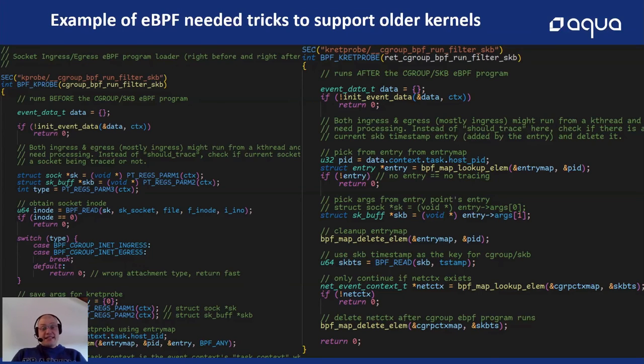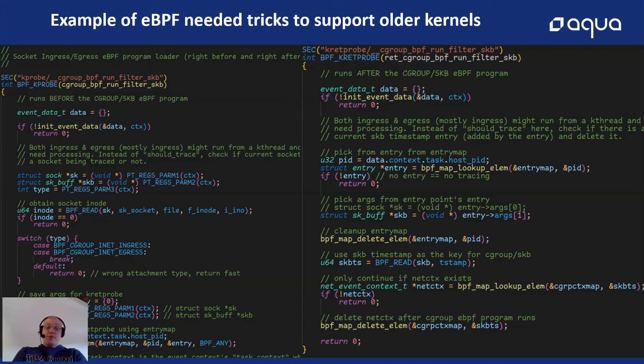Instead of creating the event context that will be sent to userland inside the cgroup ingress and egress eBPF programs, a kernel probe is set at the cgroup program caller and its ret probe. In this example, this kprobe and this kretprobe can be thought of as probes that will run right before a network packet is handled by ingress and egress BPF programs, and right after the same program runs.